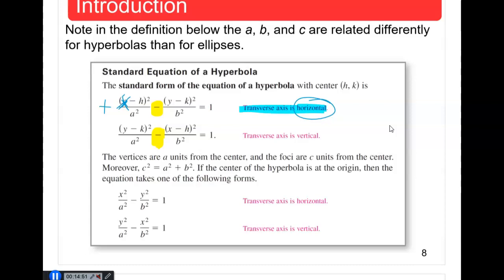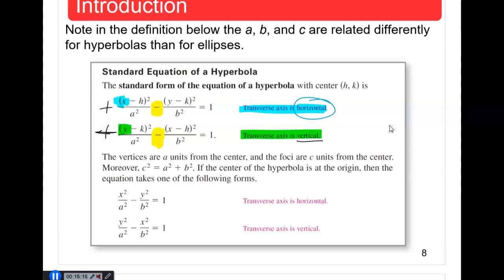Now, for the vertical, of course, it's going to be the other variable. The variable y is the one that is first, so it is considered to be positive. If that is the case, then you know it is vertical. That's just how it works.